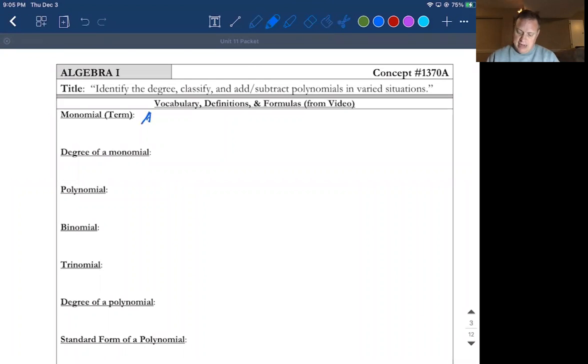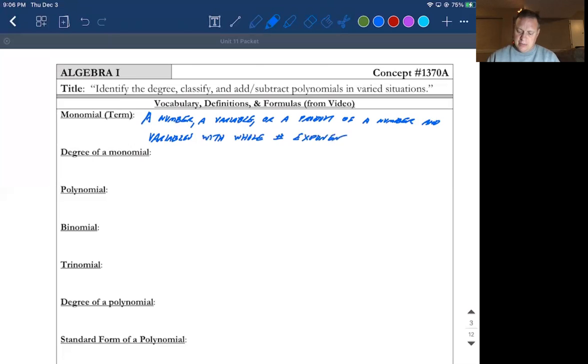It can be a number, a variable, or a product of a number and variables, with whole number exponents.